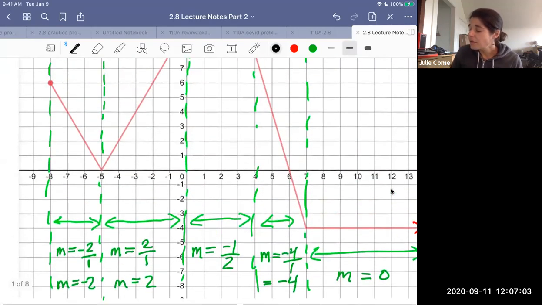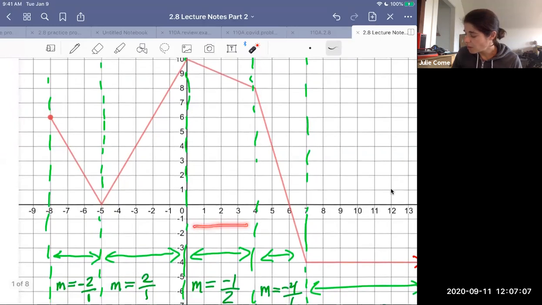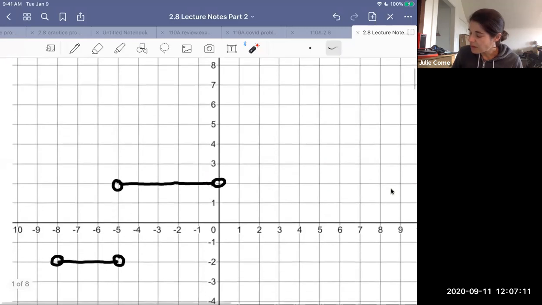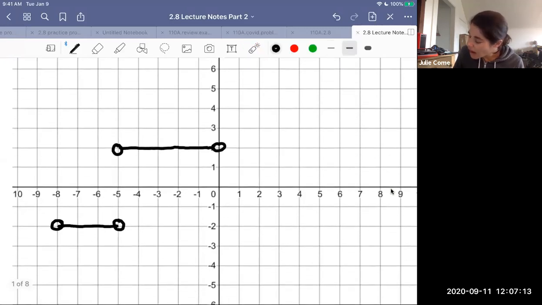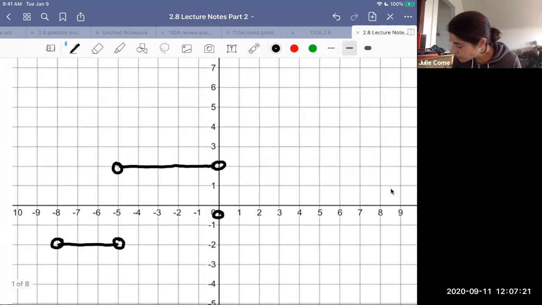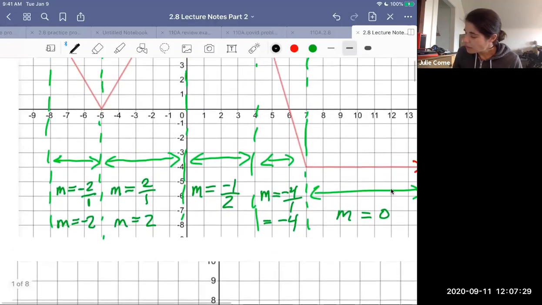All right, on the next interval of x values from 0 to 4, our slope was -1/2. That's going to mean that my derivative graph has a height of -1/2 for all values of x between 0 and 4. So that's my best job at graphing a height of -1/2. It doesn't really look like a line, but bear with me. Then what happens?